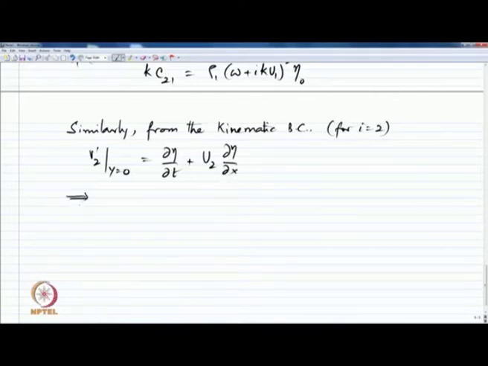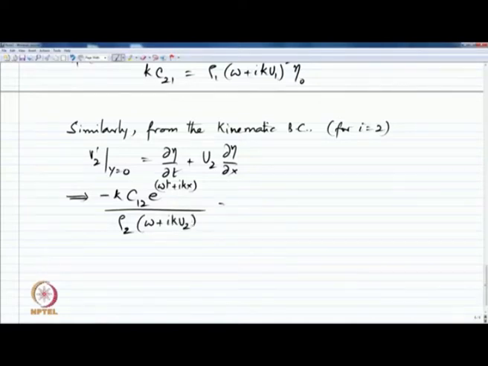Now, substituting what we have for V2 prime in here, we get minus k C12. Again simplifying, k times C12 equal to minus rho 2.